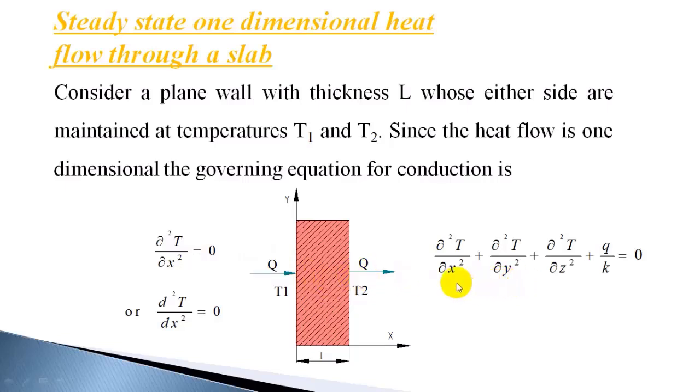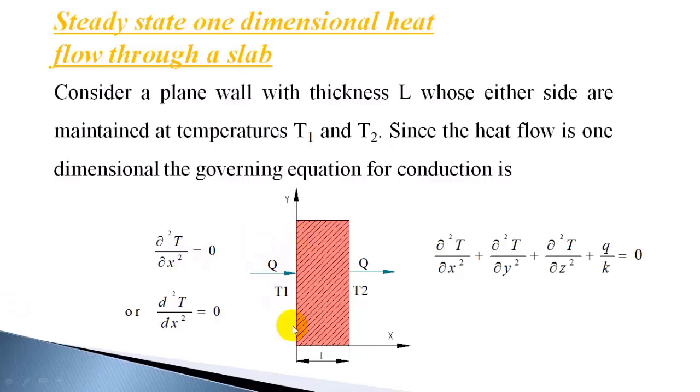We already have the steady-state three-dimensional heat conduction equation with heat generation. Steady state means temperature is not changing with respect to time. This end of the slab is maintained at constant temperature throughout the time period. Initially it is T1, and even at the end of 1 hour it's T1.